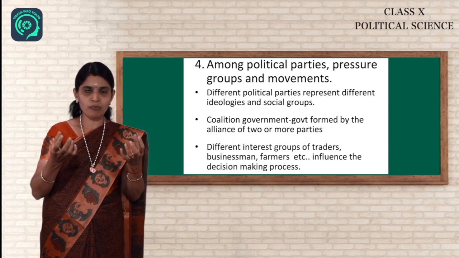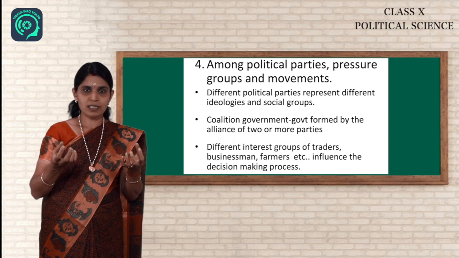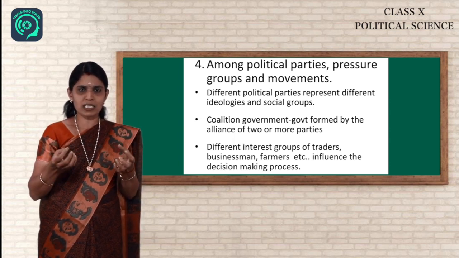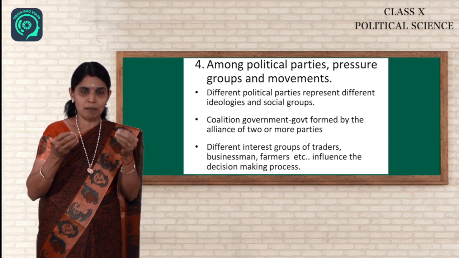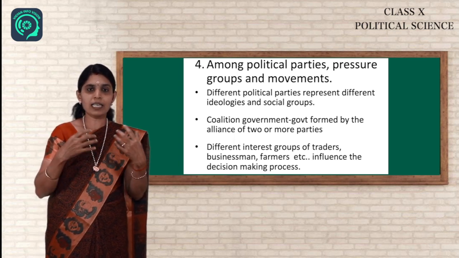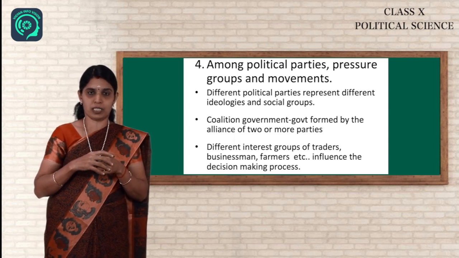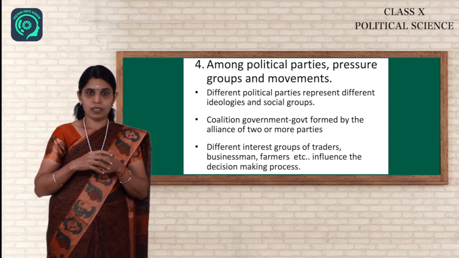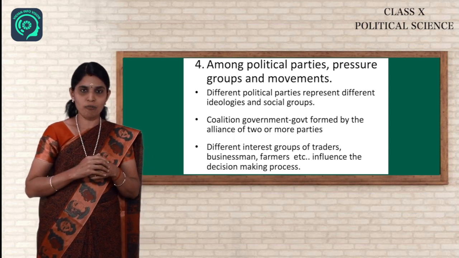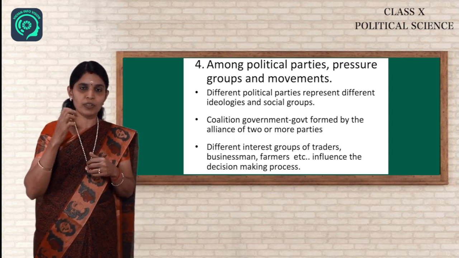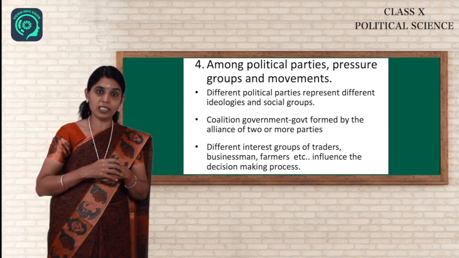The pressure groups of traders, farmers, industrial workers, etc. try to participate in the government committees and they also try to influence the government in the decision making process. This is the fourth form of power sharing. These four are the different forms of power sharing in modern democracies.